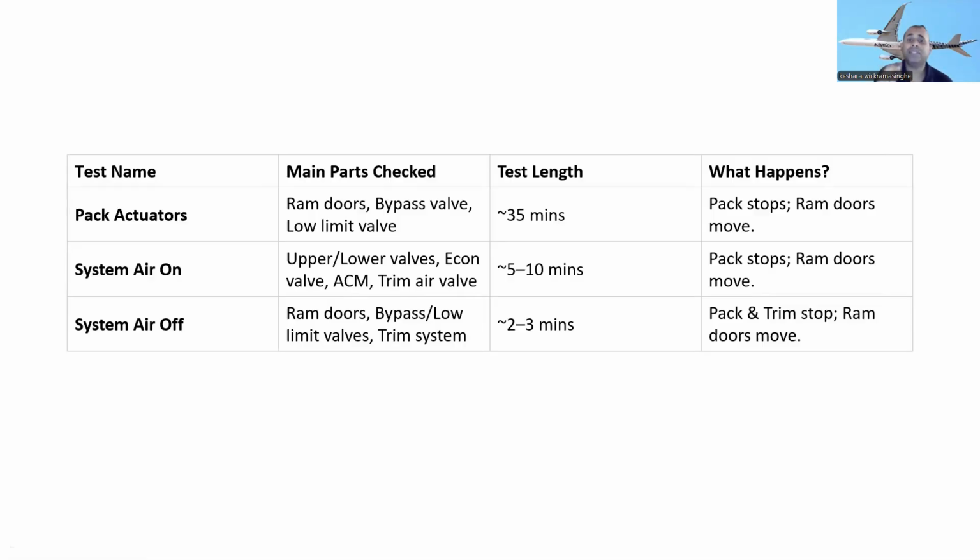Lower and upper valves, econ valve, air cycle machine, and trim air valve, around 5 to 10 minutes. What happens? Pack stops, ram doors move. The last one, system air off test. What are the things we check? Ram doors, bypass and low limit valves, and trim system, around 2 to 3 minutes. What happens? Pack and trim stop, ram doors move. Okay, this is like a summary.